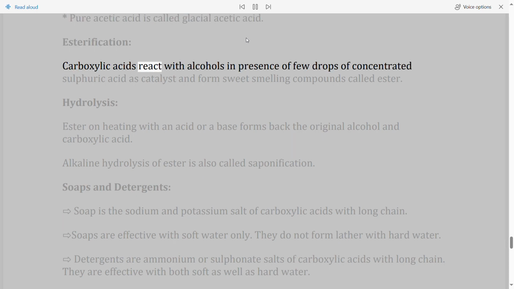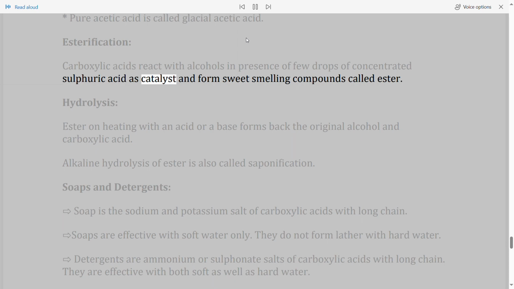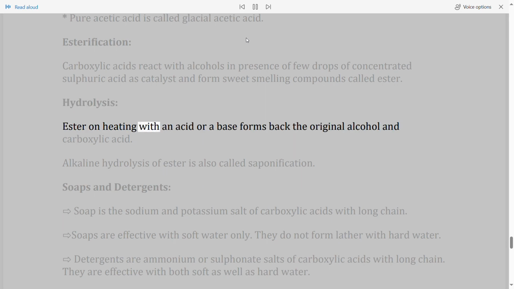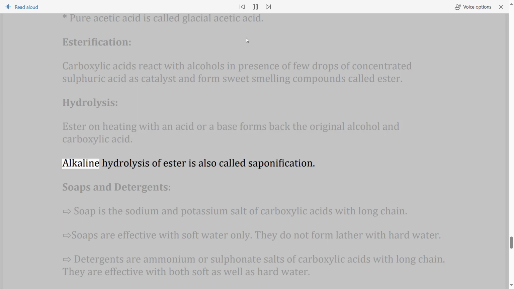Carboxylic acids react with alcohols in the presence of a few drops of concentrated sulfuric acid as catalyst and form sweet-smelling compounds called esters. Hydrolysis. Ester on heating with an acid or a base forms back the original alcohol and carboxylic acid. Alkaline hydrolysis of ester is also called saponification.